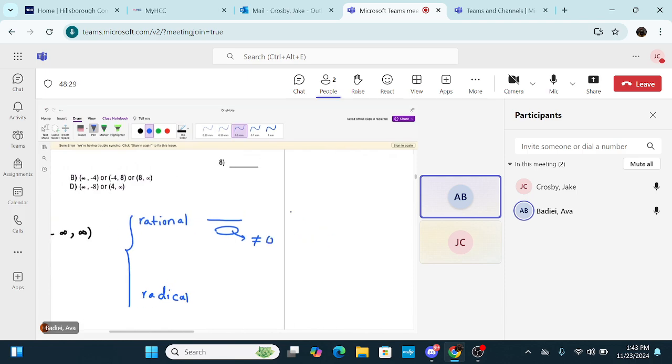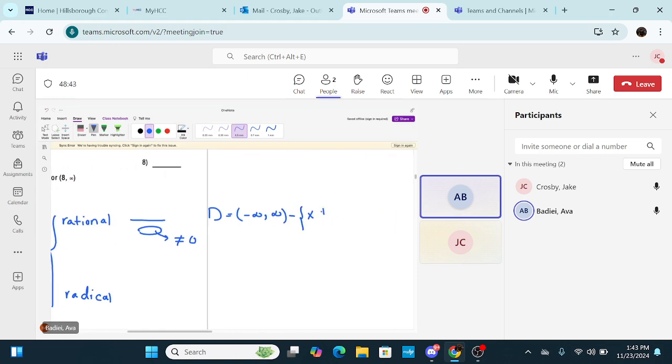So you would want to say the domain is going to be all x, from negative infinity to infinity, minus any x that makes your denominator 0. But then again, the way we are going to write it down, we don't write it this way. This is just an explanation of what we are going to do.